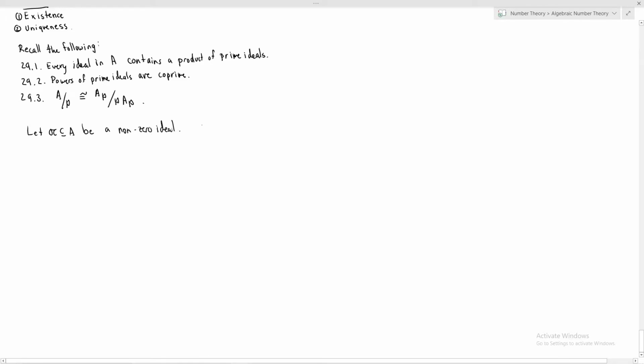By 29.1, 𝔞 contains some product of prime ideals, let's say P1 to the F1 through PR to the FR, where the Pi are all distinct prime ideals, and the Fi are all greater than 0.